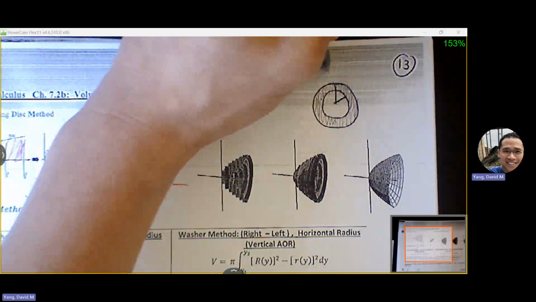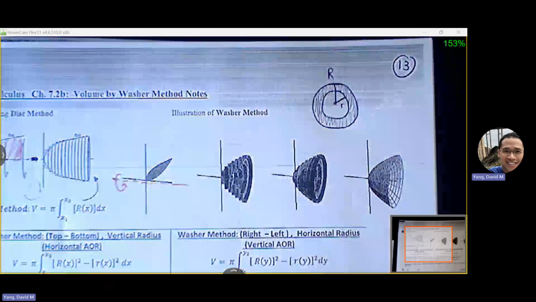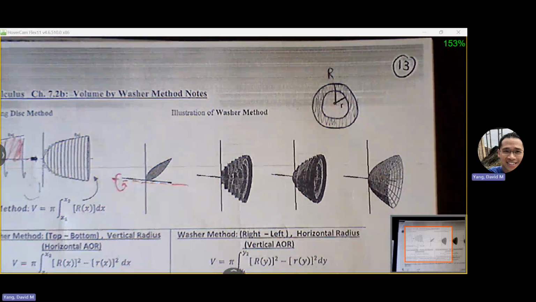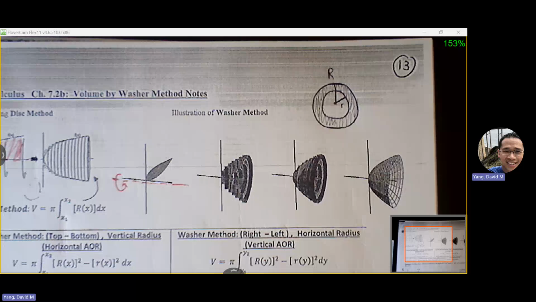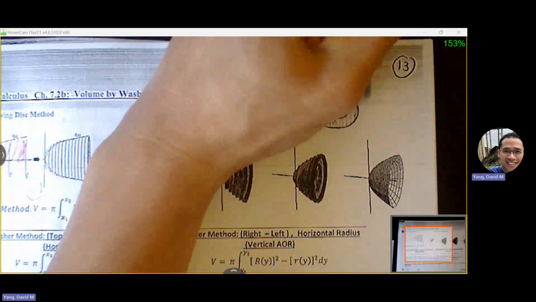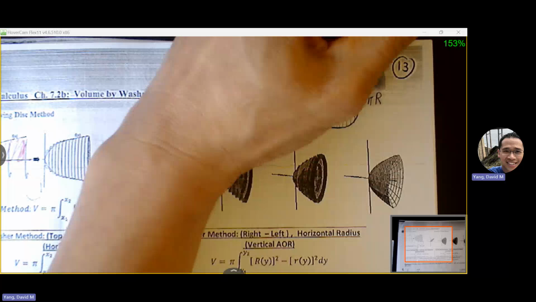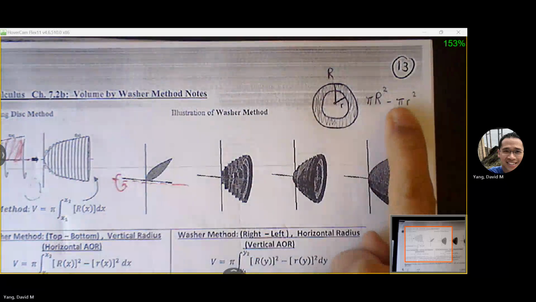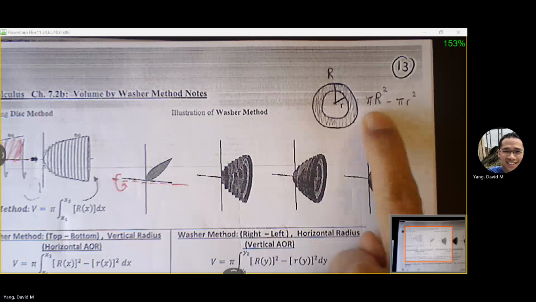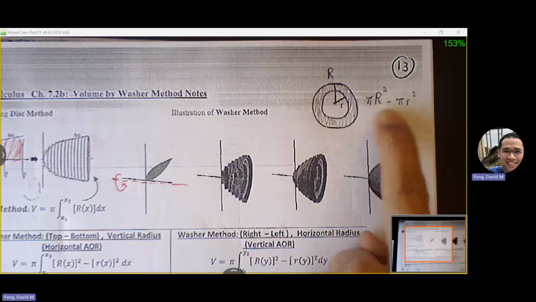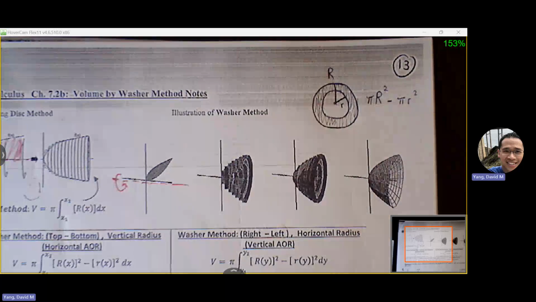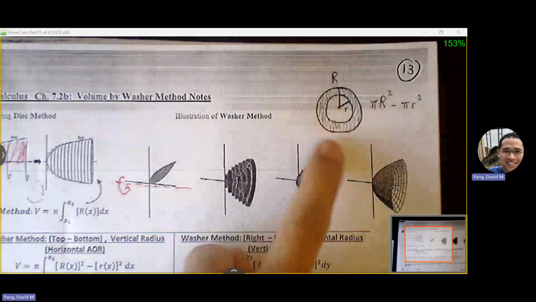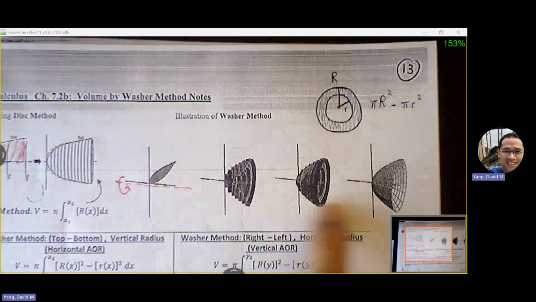If I call big R the radius of the large circle, and little r the radius of the small circle, then the area of that circular ring is going to be pi big R squared minus pi little r squared. So basically, we're just going to take this and put integral notation around it, and that will accumulate all these infinitely thin circular rings from one end to the other.